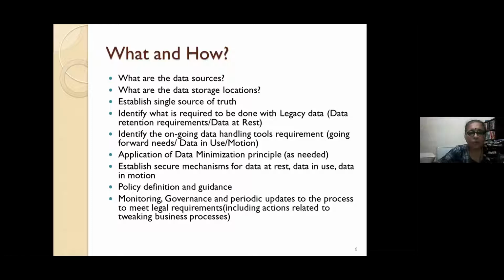Now, how will you do it? So, in a typical example, as I said, you will have business processes generating data, right? So, as and when employees are joining the organization, you will have data created for such new joinees, and it will keep getting stored in various locations.